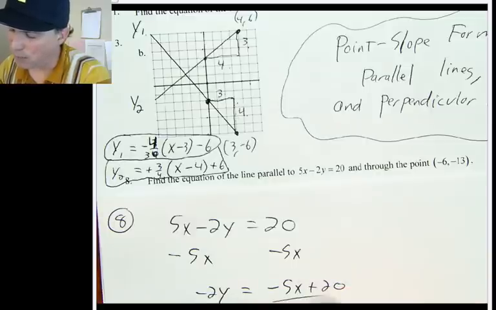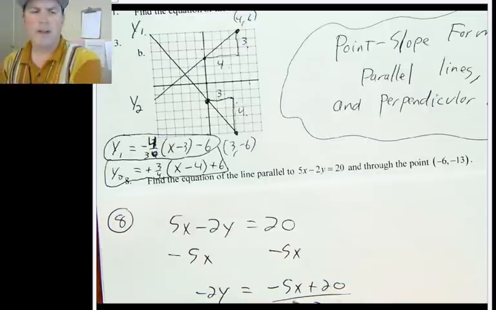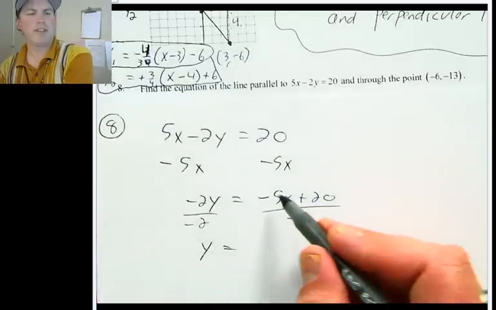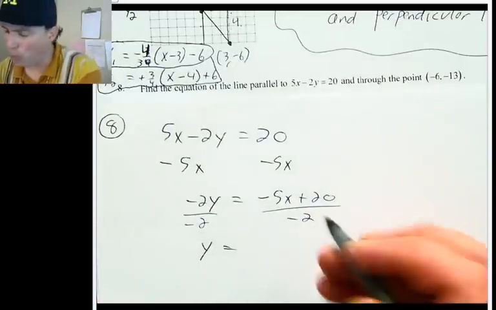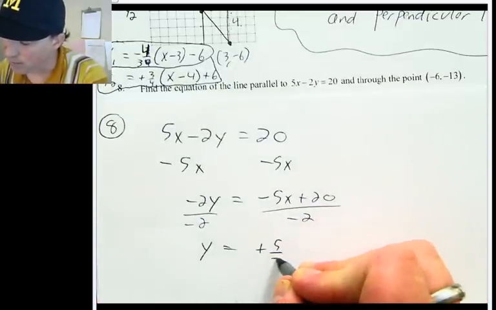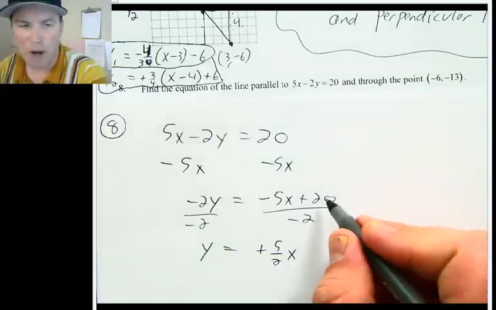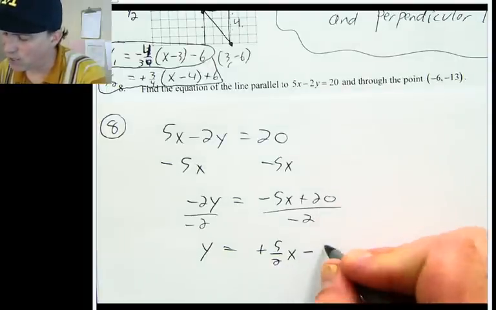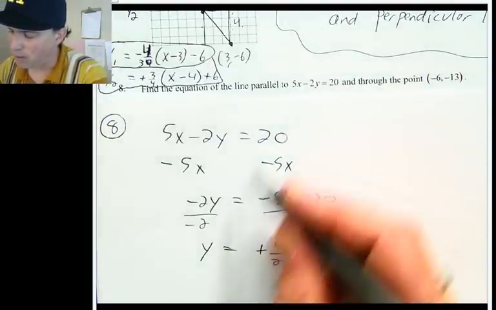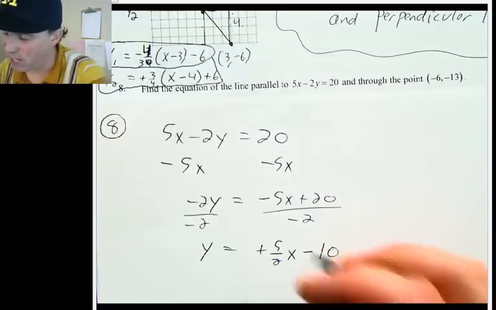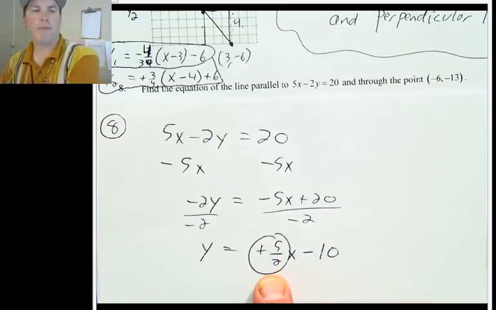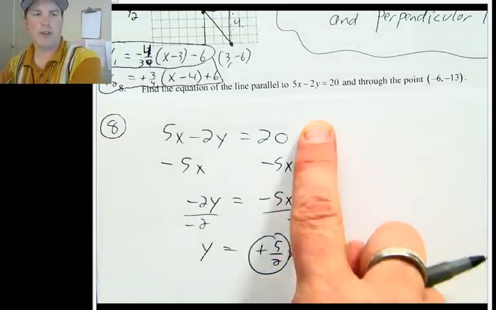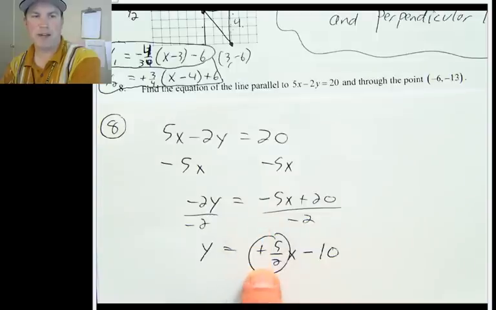Divide both sides by this negative 2, and y equals, 5 and 2 don't divide evenly, but they're both negative, so that would become positive 5 over 2x. And positive 20 divided by negative 2 is negative 10. So I have positive 5 over 2x minus 10. So the slope of this line right here, of this first equation, is 5 over 2.